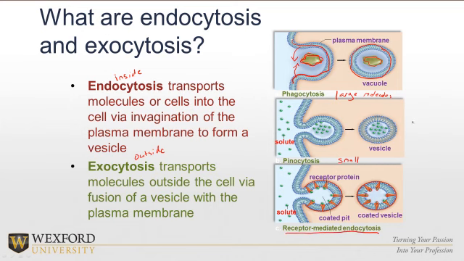Say we want to release this big molecule to the outside. Really, it's the exact same thing in reverse. I'm going to turn this arrow around, and this vacuole is going to come up to that plasma membrane and become one with it, open up and release its contents to the extracellular medium.